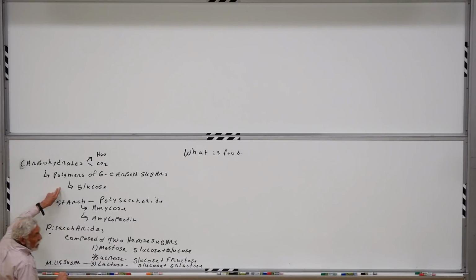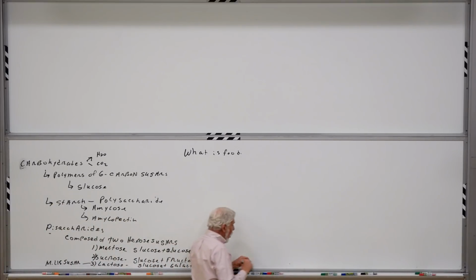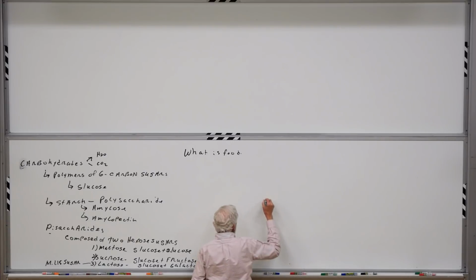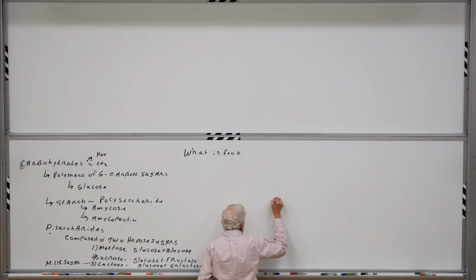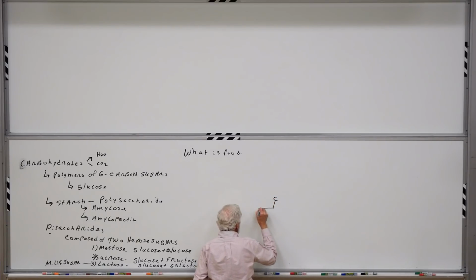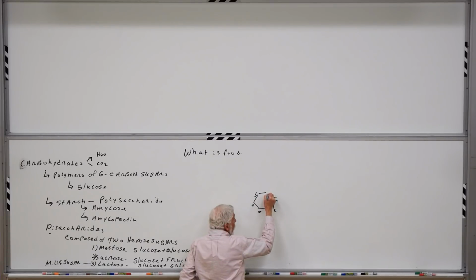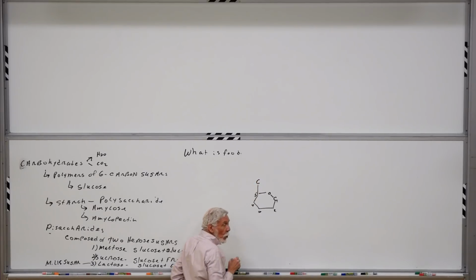But let's look a little bit at these polymers of glucose. Let's try to draw a molecule of glucose here as best I can. 6 carbons, it's the first carbon, and it's on a 6-membered ring. We can number the carbons, 1, 2, 3, 4, 5. The number 5 carbon is linked to the number 1 carbon through an oxygen, and up here is the number 6 carbon.